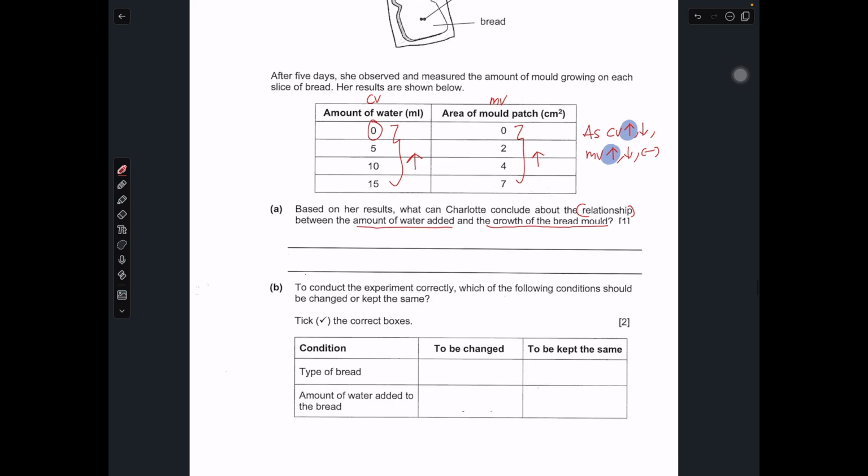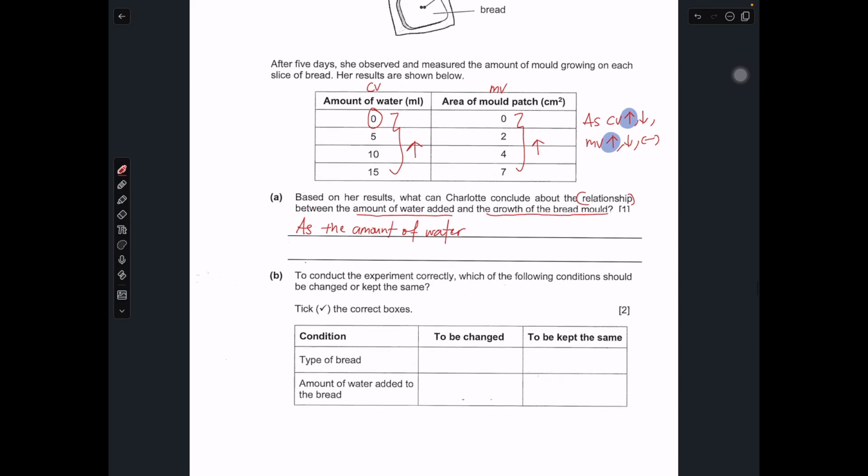Okay, so this will be: as the amount of water added increases, the growth of the bread mold increases. Okay.